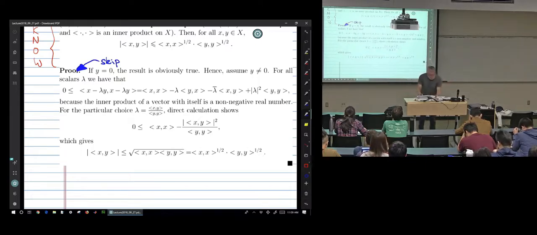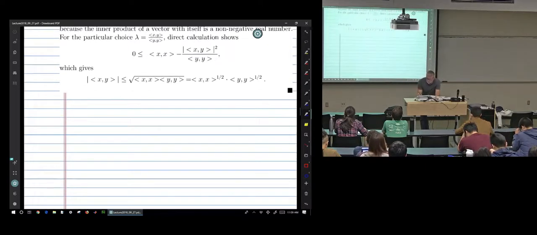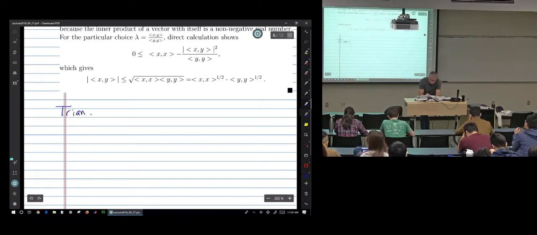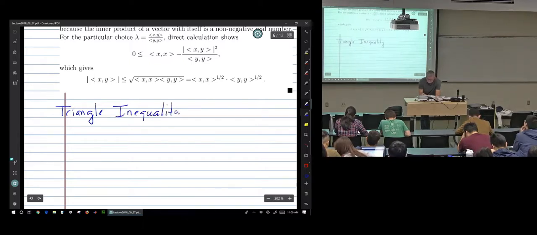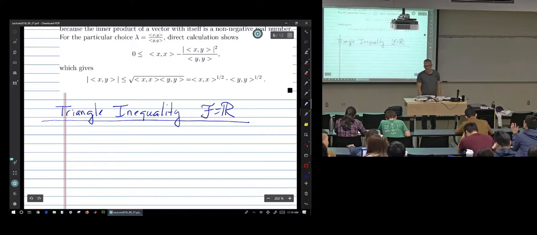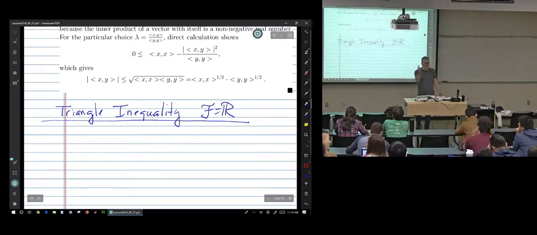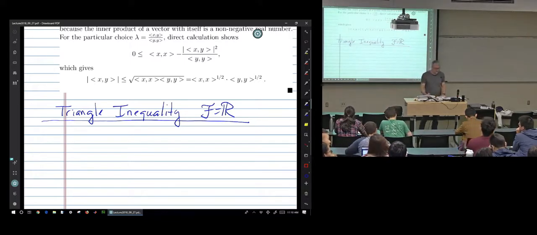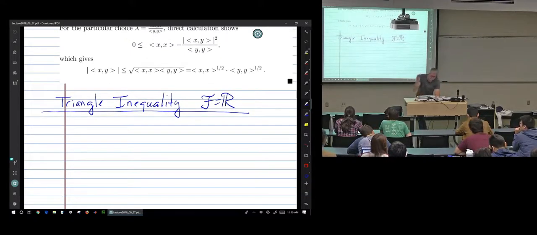Now, let's see how the triangle inequality works on the norm. That's more fun. And once again, we'll do F equals R, because when we're learning the concept, keeping track of that complex conjugate part takes away from the main thing we're trying to do.